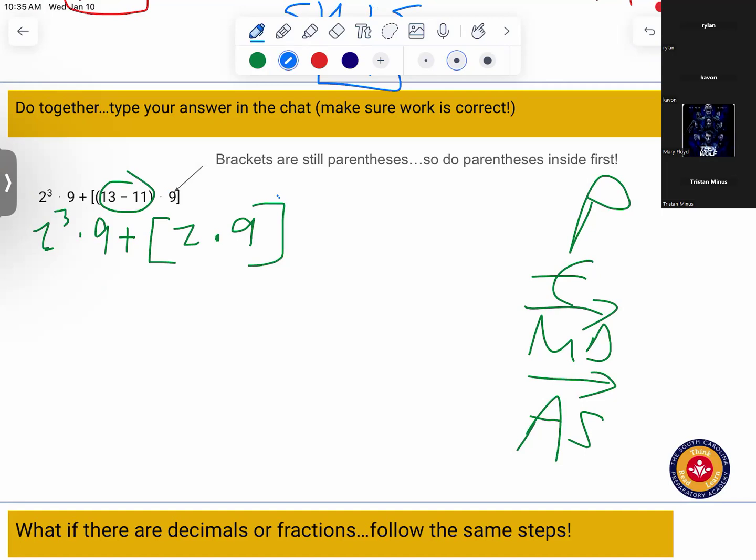I'll give you a few seconds to get your answer for me. Type in your answer when you're done. Yes, Page, that is correct.